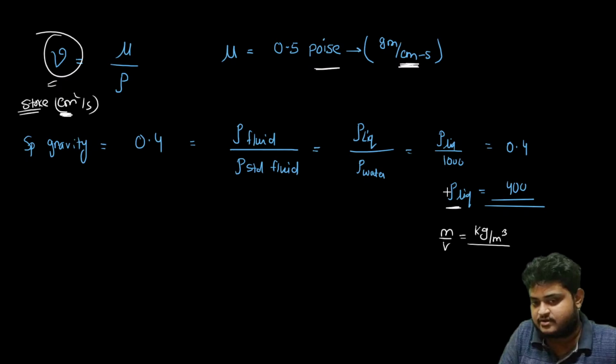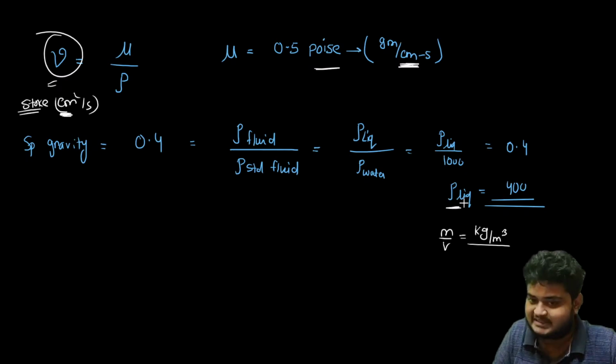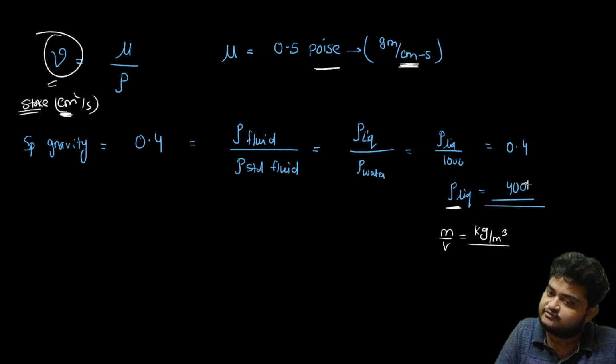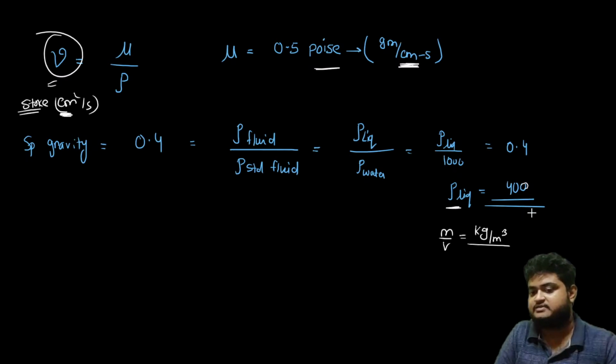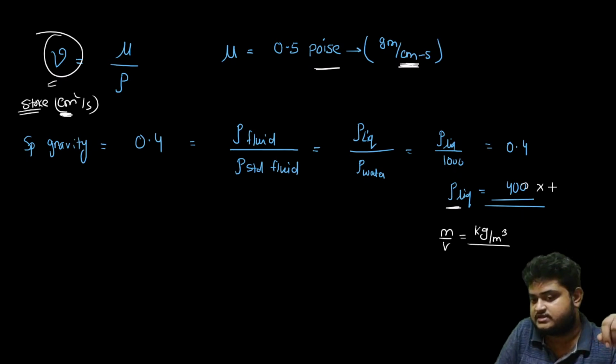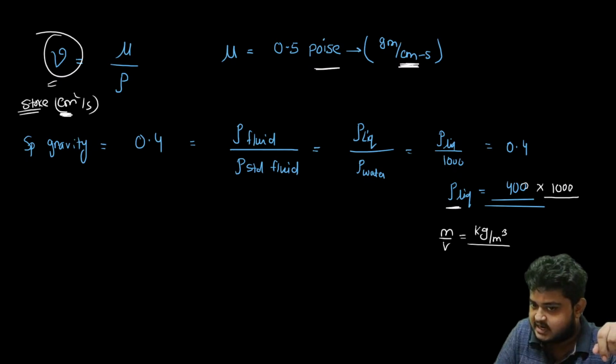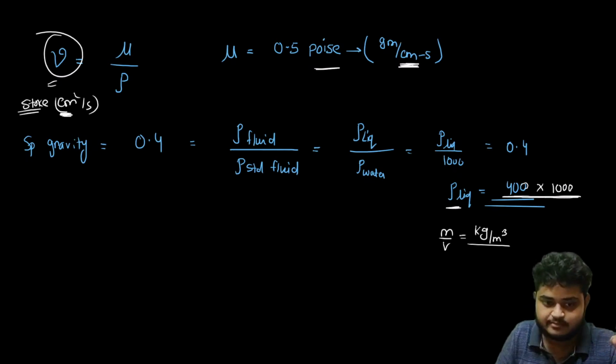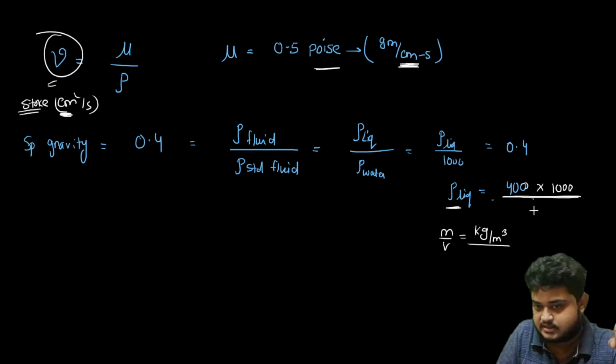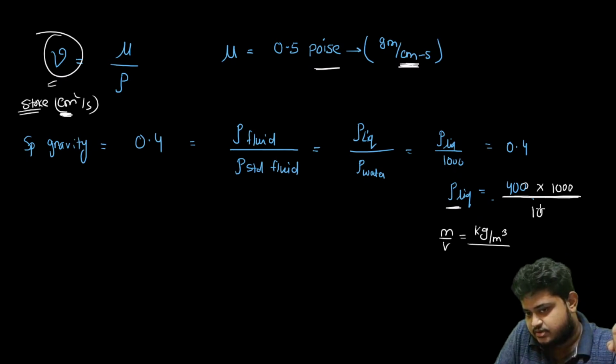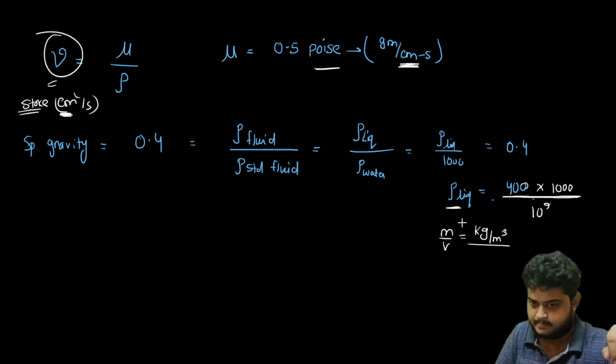So we have to convert the unit of rho, that is density. If it is 400 kg per meter cube, we have to convert this. If I convert the kg into gram, it will be 1000. And now we have to convert the meter cube to centimeter cube. It will be 10 to the power 9.